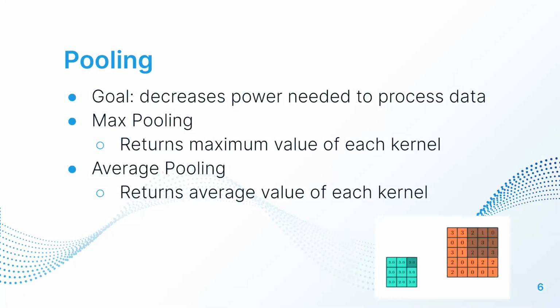So the next is the pooling layer. The goal of the pooling layer is to decrease the power needed to process the data. Obviously you're analyzing an image, so logically you're going to have a lot of data and a lot of processing power being used.